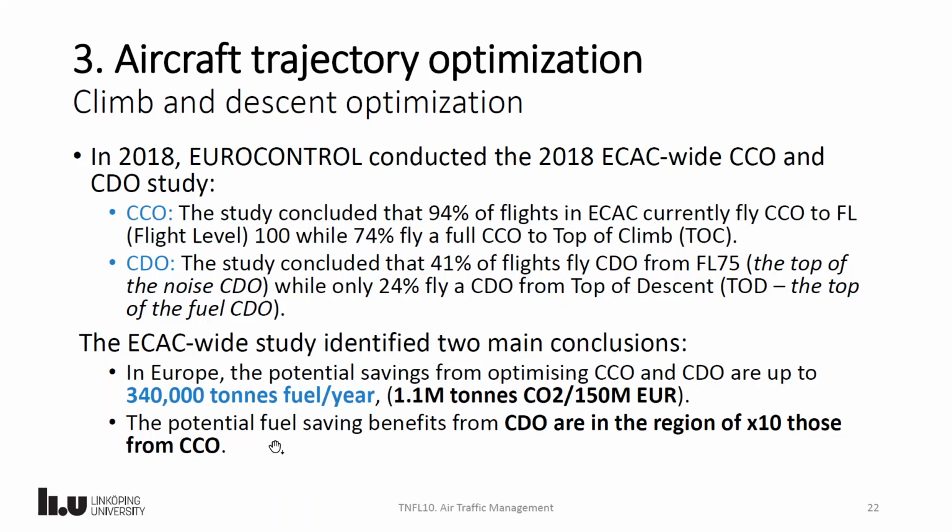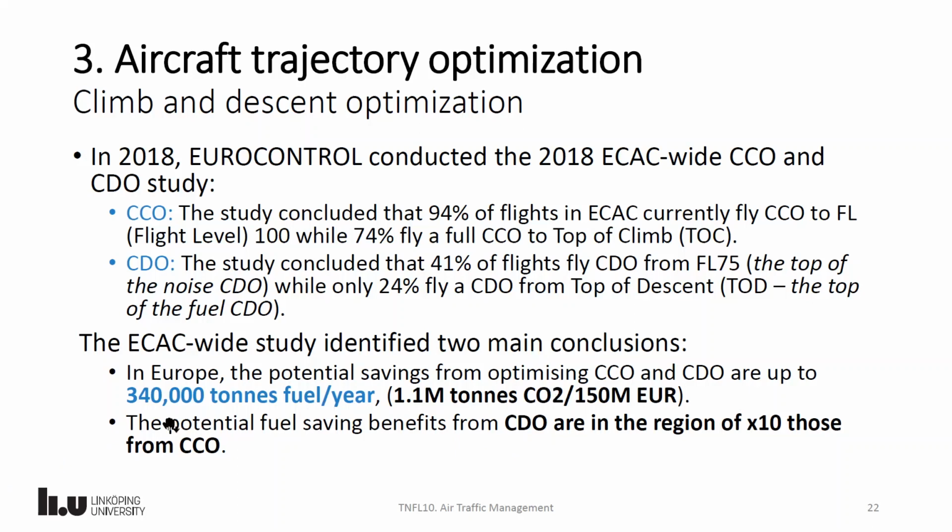So the potential benefits of performing continuous climb operation and continuous descent operation are a lot. So ATM in Europe in general should be aiming for doing this kind of operations around airports.